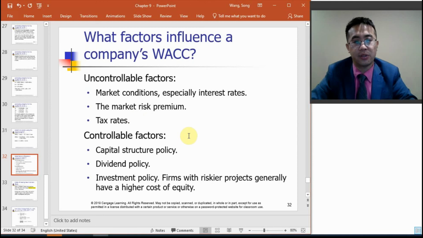And some of the factors could be controlled by the firm. They can adjust the capital structure. So instead of putting 60% of capital in common equity, they could put 70% or 40%. It's their choice. They could also decide to pay dividends at a higher level or at a lower level. And the dividend payment is attached to the cost of equity when you solve for the return of stocks. And the firm can also decide their investment policy.